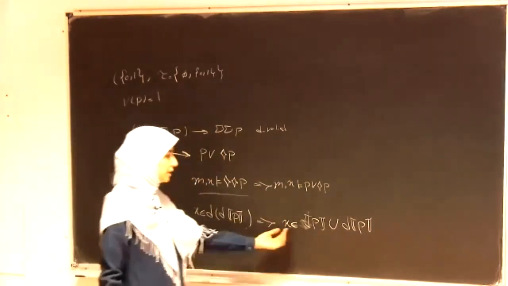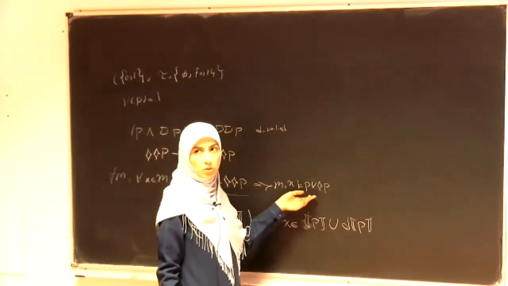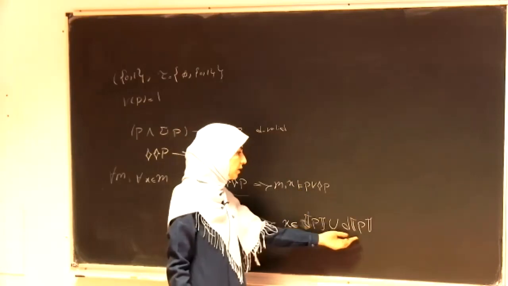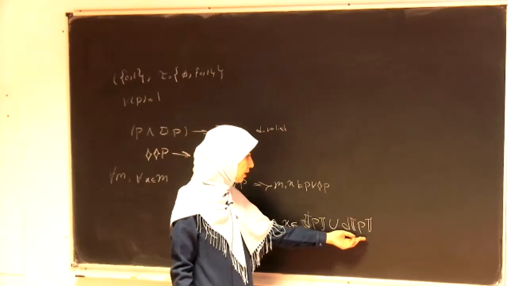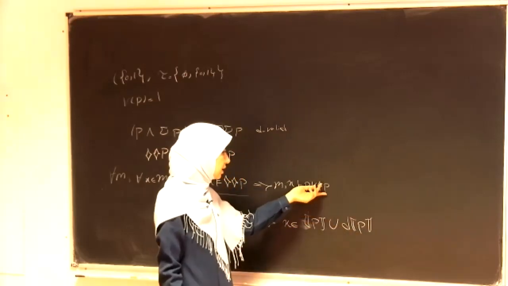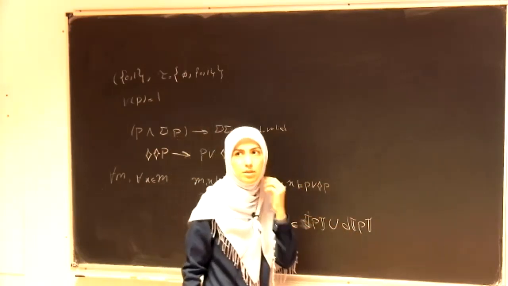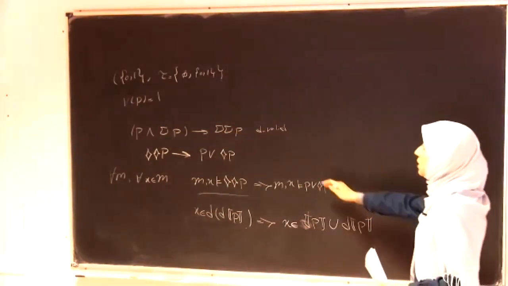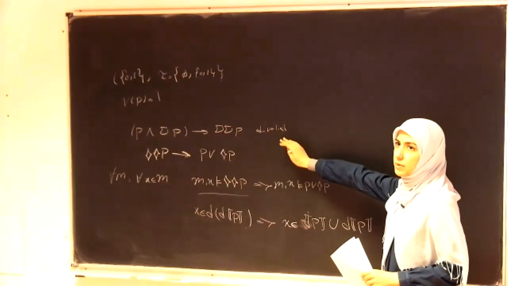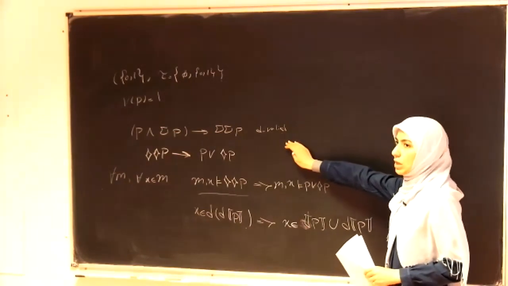So if x is in p, which means that p is true in x, or if x is in d of p, it means that diamond of p is true in x. So this axiom is d-valid, which means that it's valid in all topological spaces.